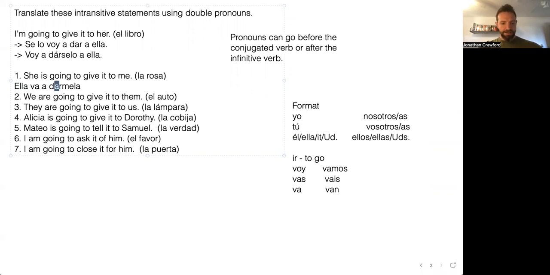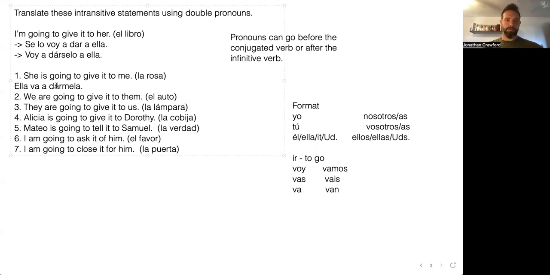This accent mark has to be on the third to last syllable, because in Spanish, the last syllable only gets the emphasis if it has an accent mark there or if it ends in a consonant other than N or S. Either way, whenever you're adding these pronouns to the end of an infinitive verb like this, you're always going to see the accent mark on the third to last syllable, always.